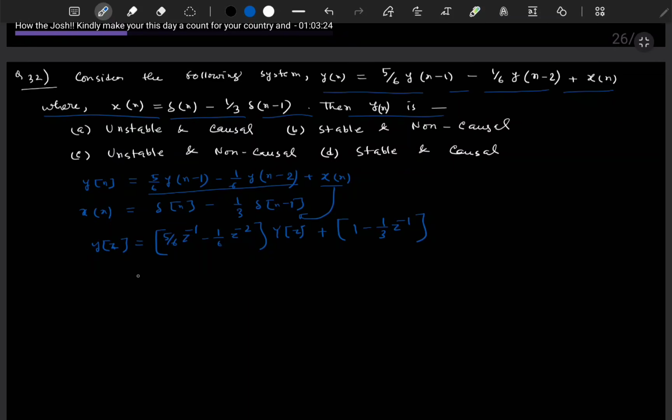Okay, now YZ equals 1 minus 1 by 3 z inverse by 1 minus 5 by 6 z inverse plus 1 by 6 z to the power minus 2.